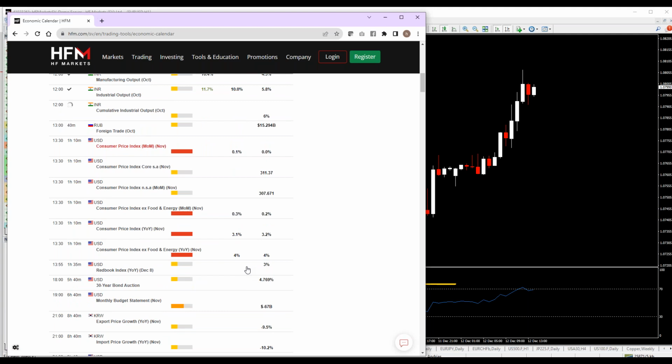So what is expected today for the US economy, for US inflation, is to see a lower headline yearly reading, from 3.2% to 3.1%. The inflation excluding food and energy is expected to stay steady at 4%. I'm referring to the headline, while the monthly reading for November is expected to show a slight growth to 0.1%.